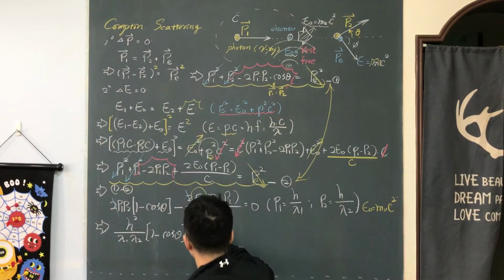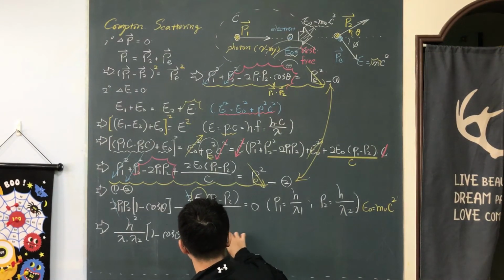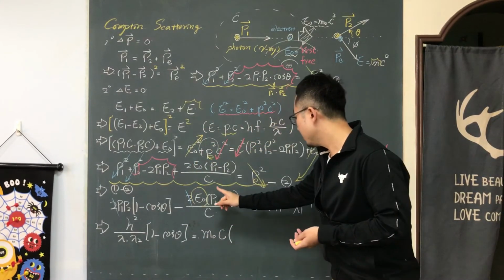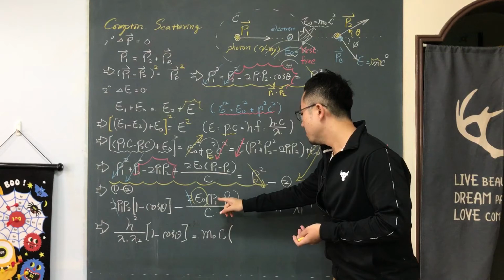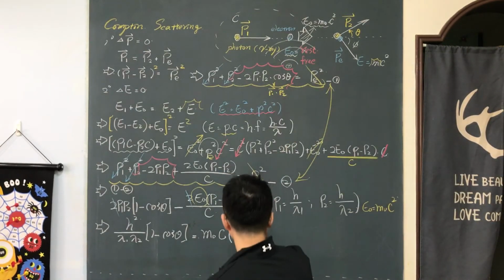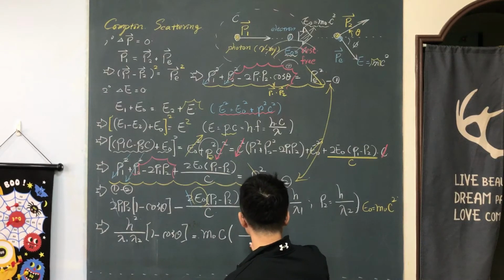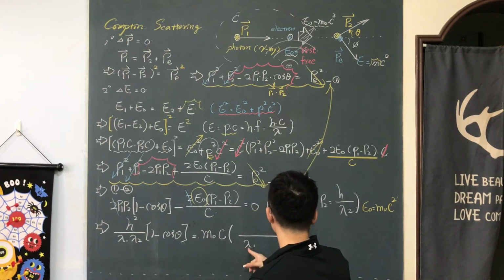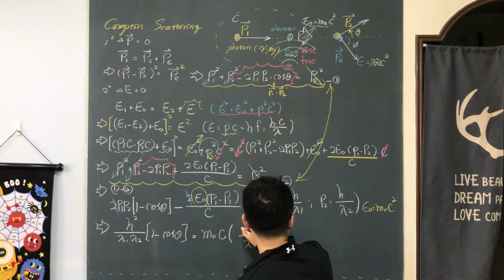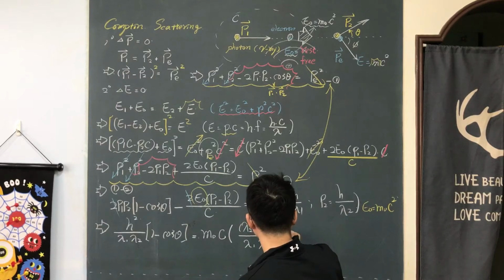So it's going to be m naught times c times h over lambda 1 minus h over lambda 2, and that is going to be: the denominator is lambda 1 times lambda 2, and the numerator is lambda 2 minus lambda 1, times Planck's constant.